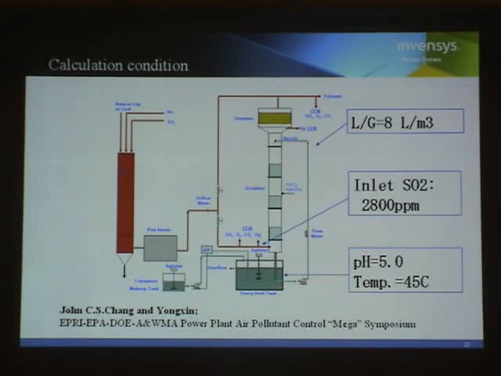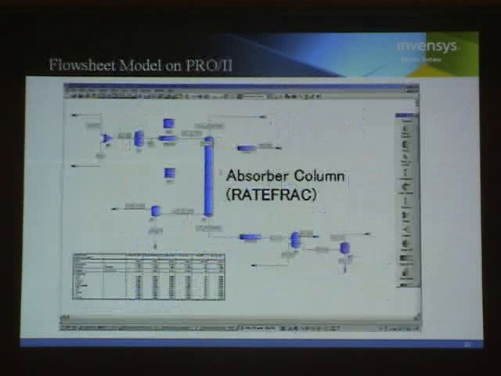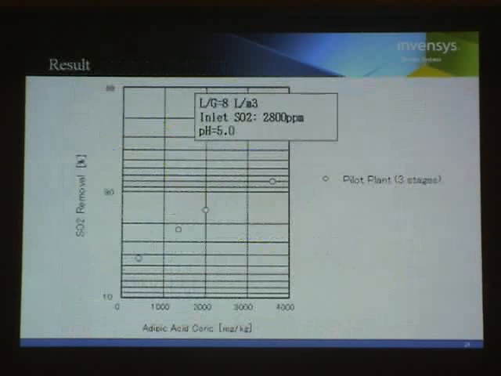The pH of the solution was 1.0, and temperature was set at 45 centigrade. This is a model implemented on Flue. The absorber was modeled as RateFrac. The points are experimental data of pilot plants.